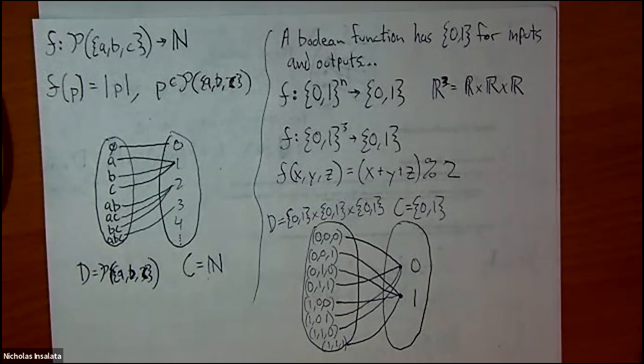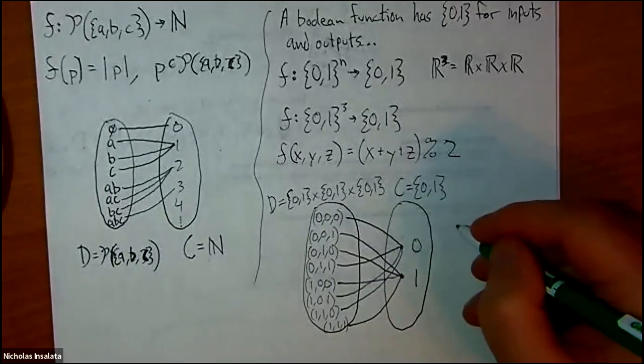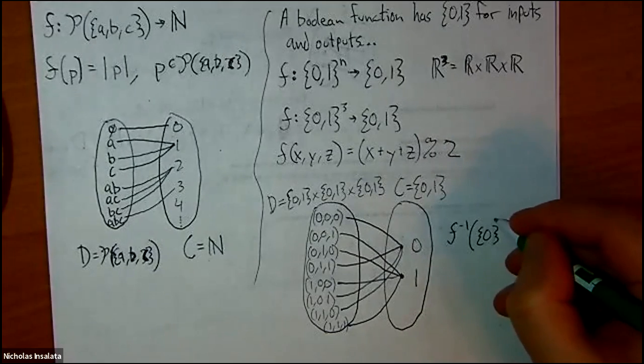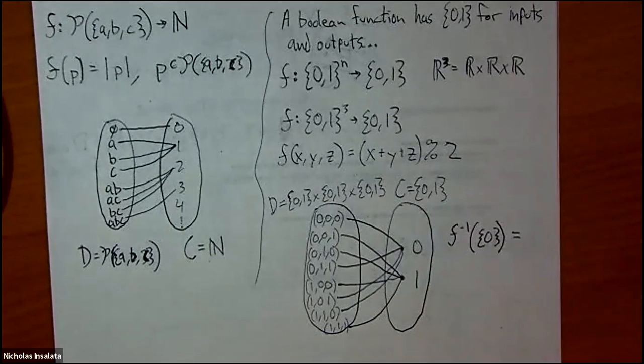Okay, so let me ask you a question. What's the inverse image of the set {0}? Everything with two 1s. Okay, well, that's part of it.